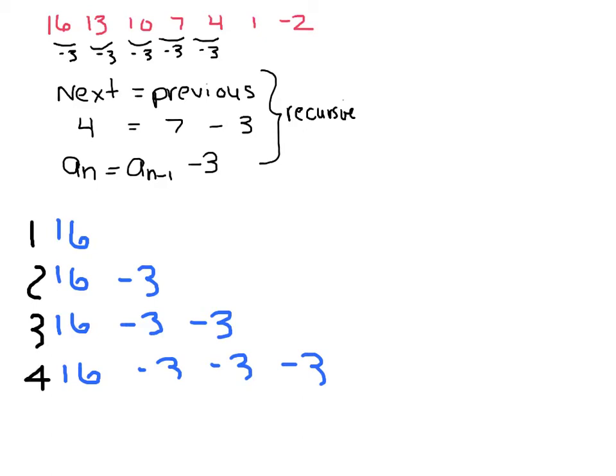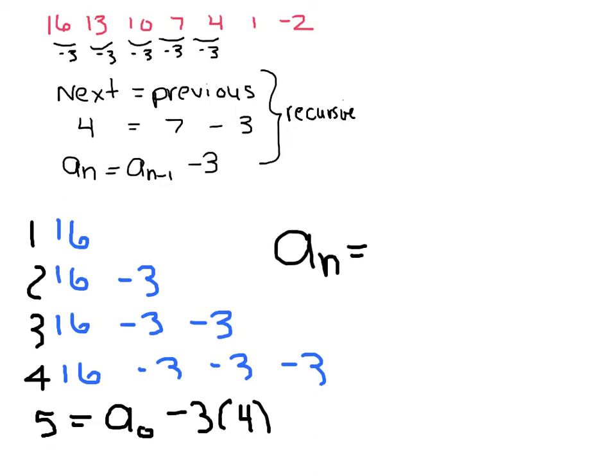So to get the fifth term, I take the first term and I have to have 4 negative 3's. So my explicit definition is a sub n is equal to 16, my first term, plus negative 3 times n minus 1.